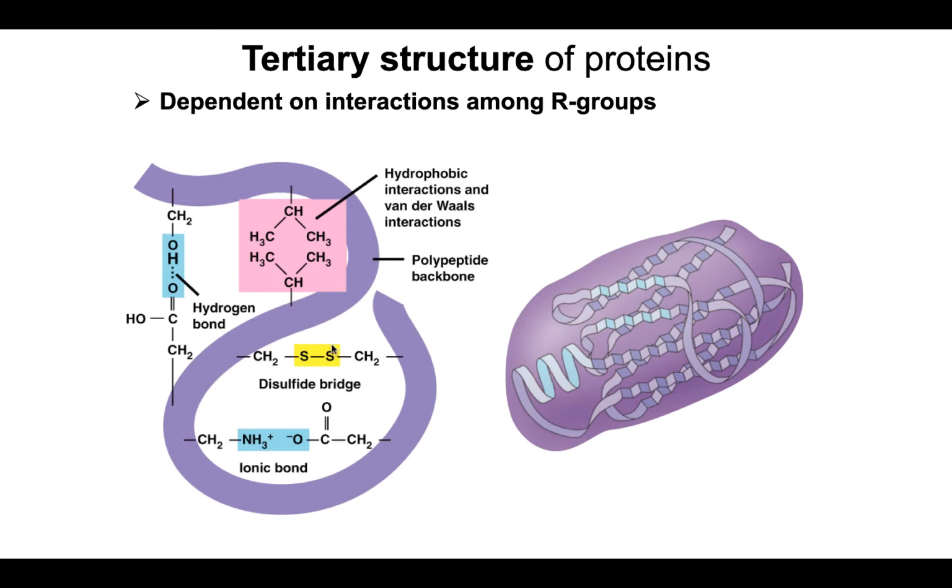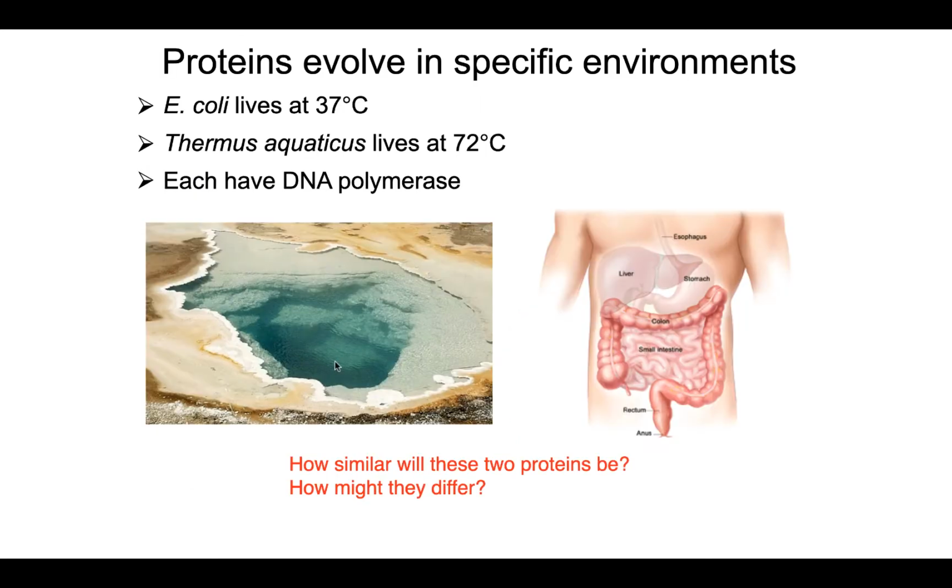And remember, a disulfide bridge requires a sulfhydryl group, and those come from cysteines. And sure enough, if you take a look at proteins that have evolved in higher temperatures and compare them to the homologous proteins that evolved in lower temperatures, you will see a higher number of cysteines in the proteins that evolved at higher temperatures.